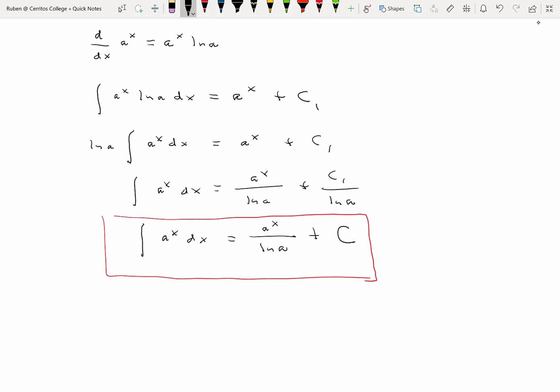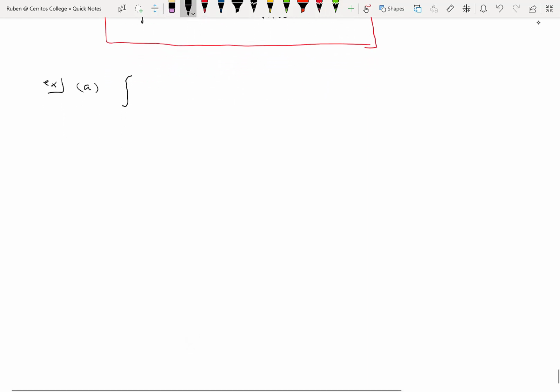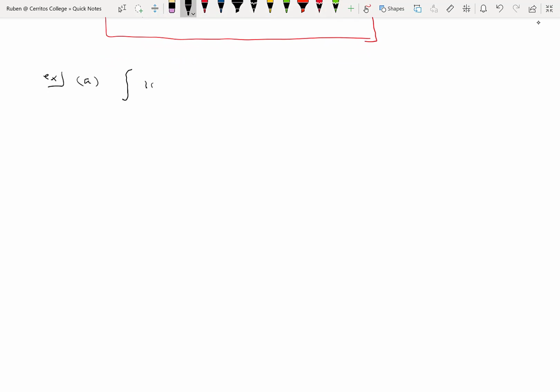So let's take a look at an example. Earlier I mentioned that the common logarithm, base 10, is used early on in general chemistry for pH. So let's suppose we want the most general antiderivative of the inverse of that common logarithm, let's say 10 to the x.